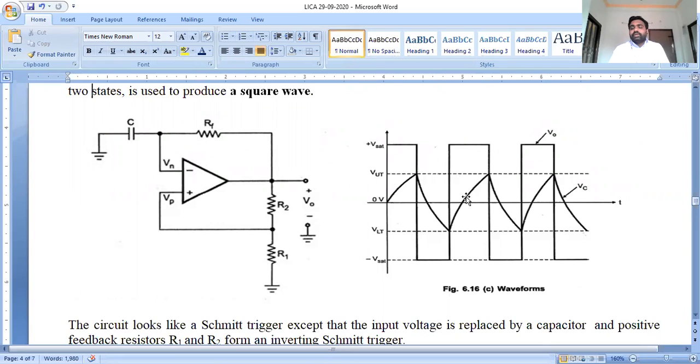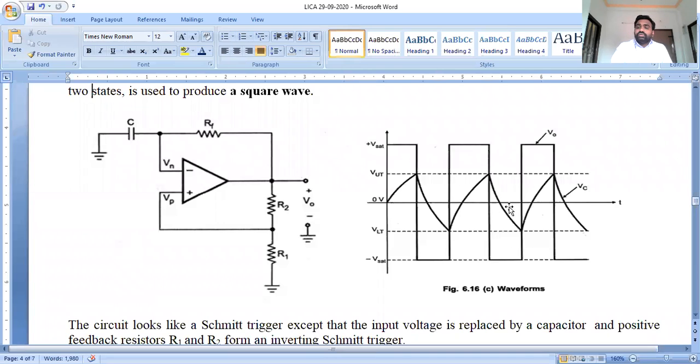That means if the capacitor voltage exceeds the upper threshold voltage slightly, the positive saturation drops to negative saturation.